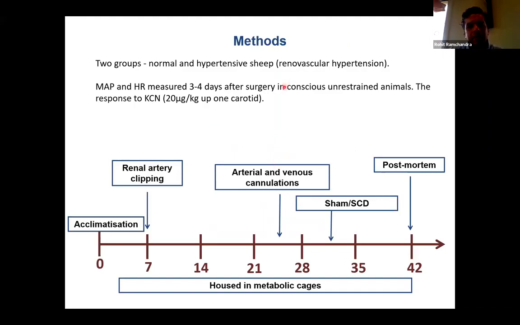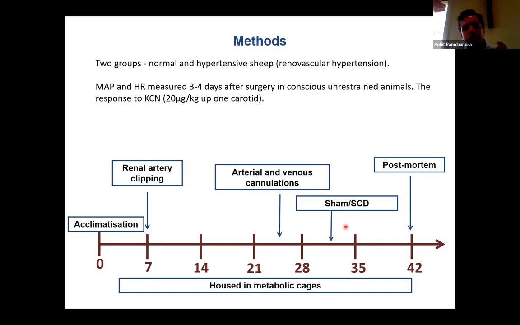Very similar methods, except in this case, we're primarily looking at renovascular hypertension, where we are clipping these animals, but at the end, we either do a sham or a denervation of the carotid sinus nerve, and then look at changes in blood pressure.